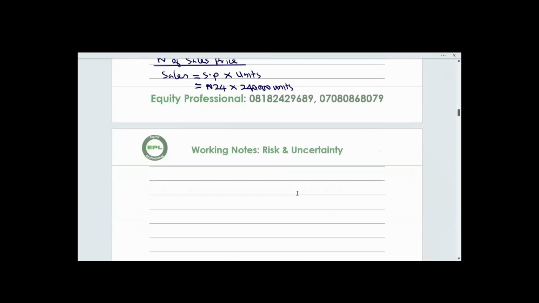So total sales will then be equal to 5,760,000 naira. To now get the PV of sales, the PV of sales will be the total sales of 5,760,000 multiplied by the annuity factor, and we calculated the annuity factor to be 4.659.